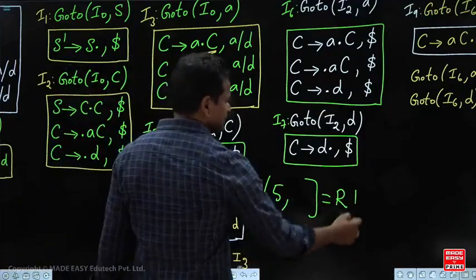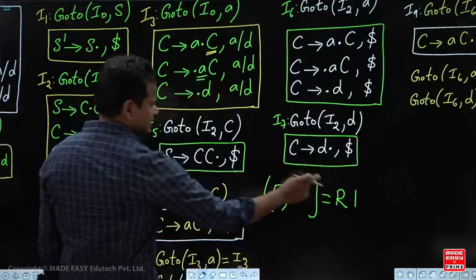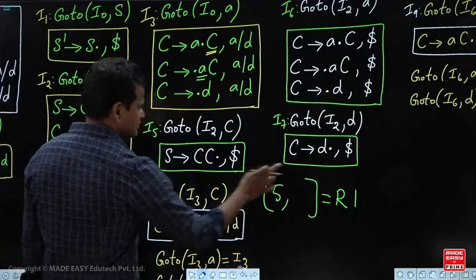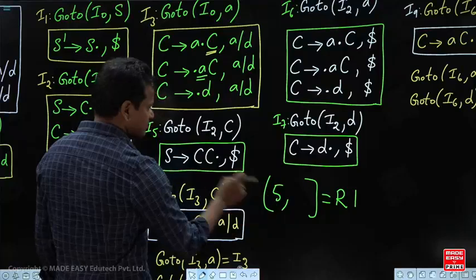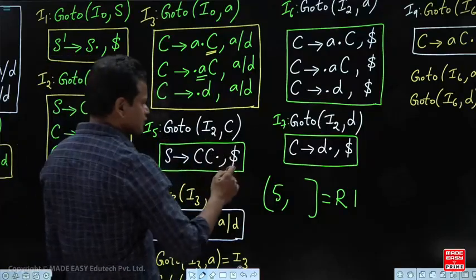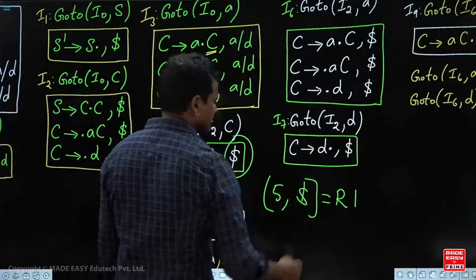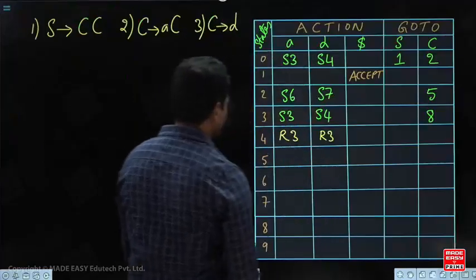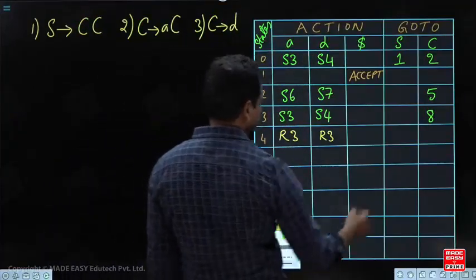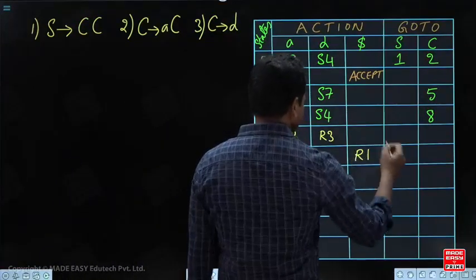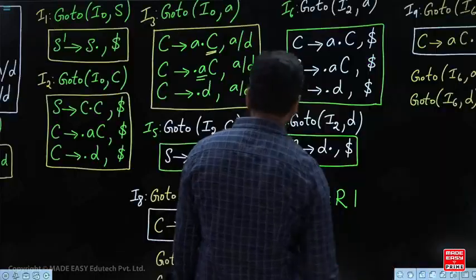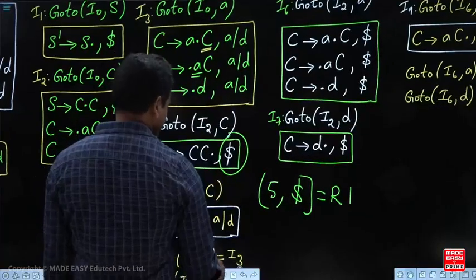Its number is 1. So the dot reaches the end, reduce by the number of S goes to CC, which is 1. Why is it in the 5th row? Because it is I5. And which column? Dollar column. So 5 comma dollar is R1.